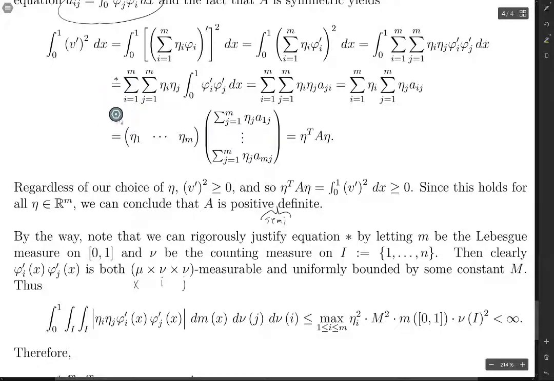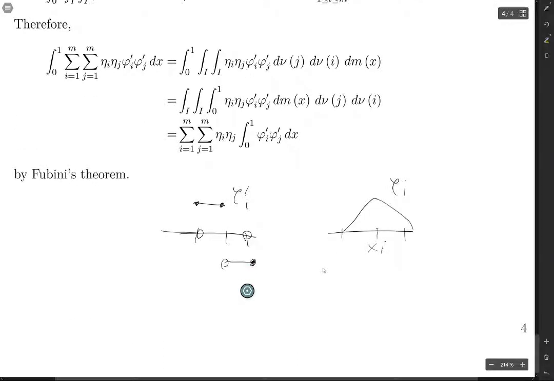So we've now proven that A is positive semi-definite. But we're not done yet. We've got to prove that A is actually positive definite.